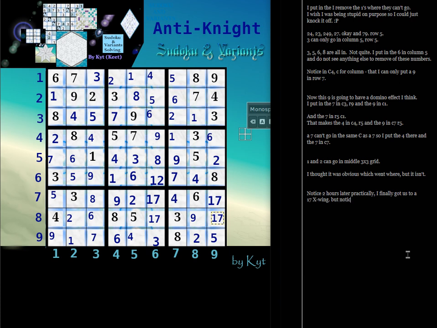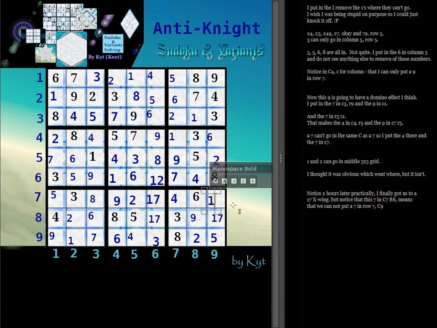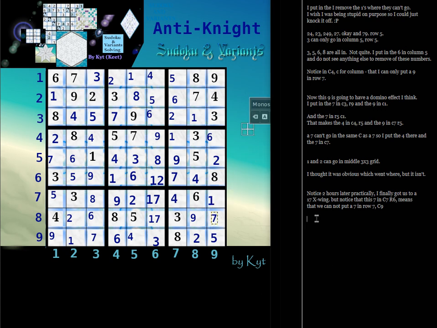But notice that this 7 in column 7, row 6 means that we cannot put a 7 in row 7, column 9. This is because of the anti-knight rule.